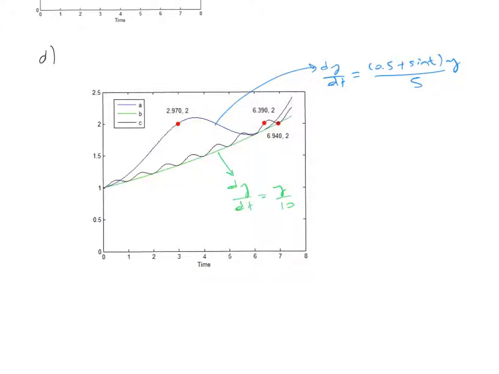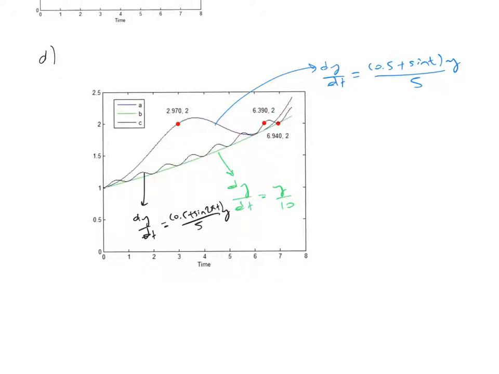And the black colored function is the solution of dy over dt is equal to (0.5 plus sin 2 pi t) over 5 times y. The growth rate here is replaced by its average value 1 over 10 here. But as you see, it seems like the green colored function has nothing to do with the blue colored function.